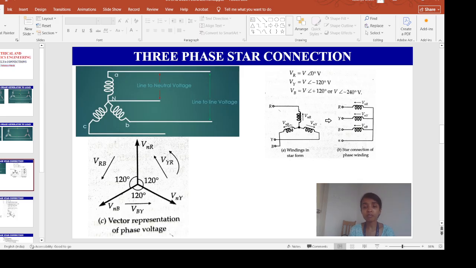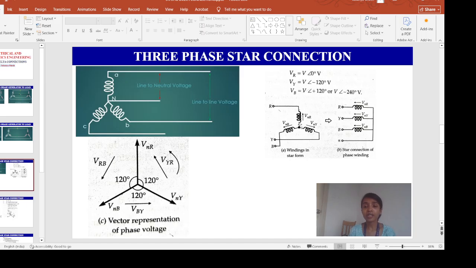This is VNB, meaning the potential difference between line B and neutral point N. VNB is the line to neutral voltage or the phase voltage. VNY is the potential difference between line Y and neutral point N. This is also line to neutral voltage or the phase voltage.